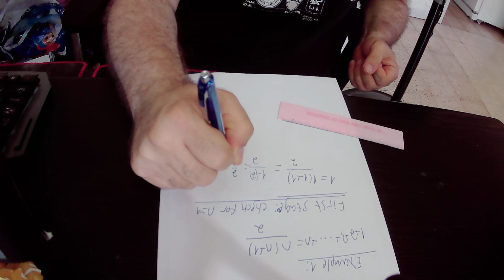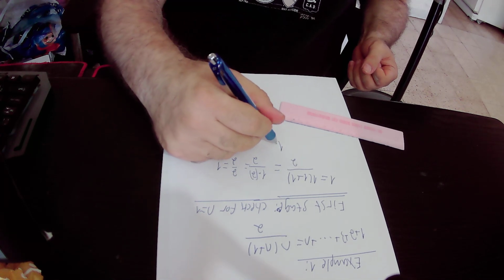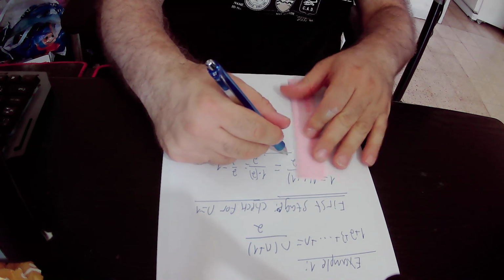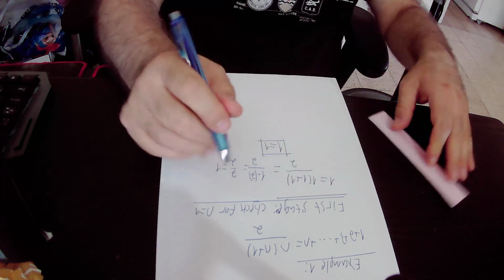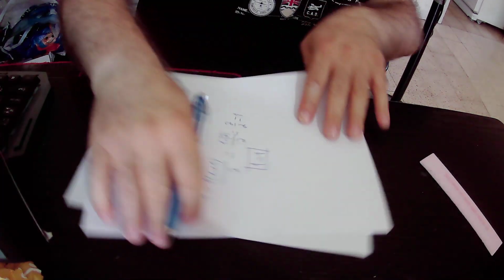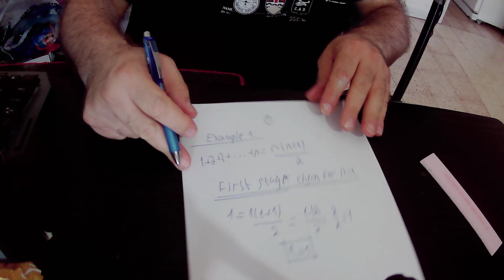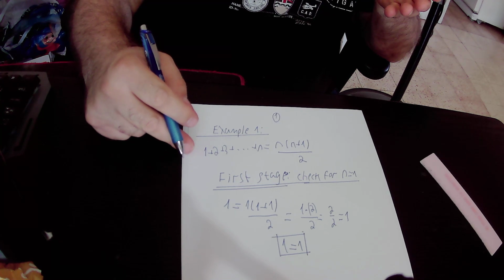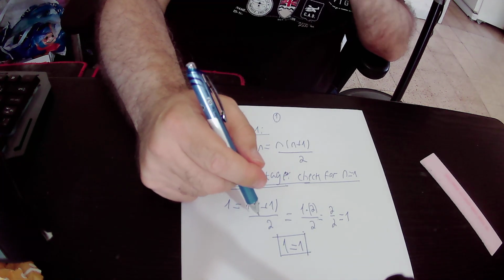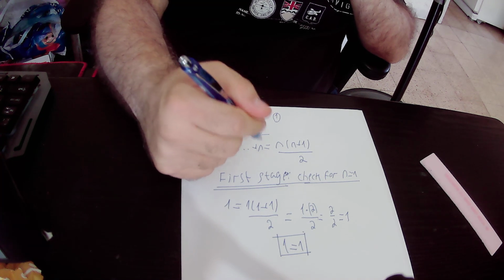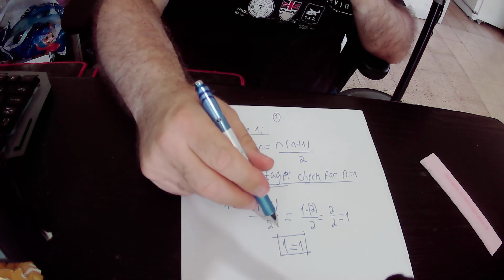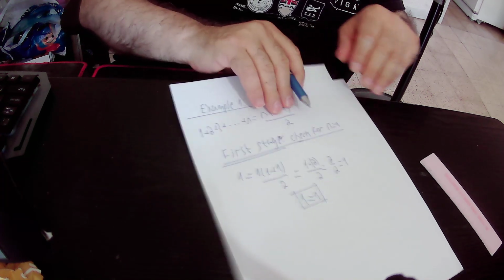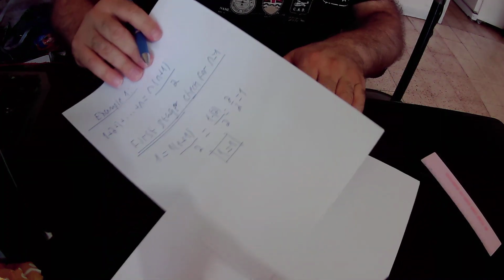Two divided by 2 is 1. 1 equals 1. So we passed the first test, the first stage, because we indeed proved that this statement is true for n that equals 1. So now we can move to the second stage.